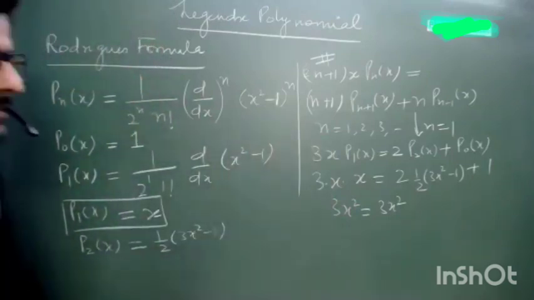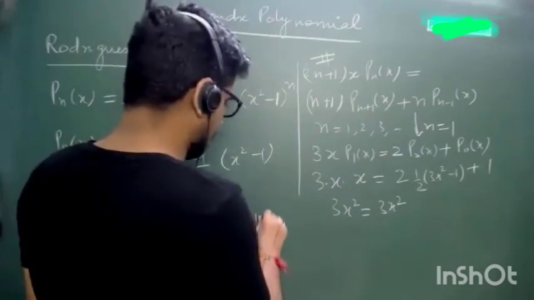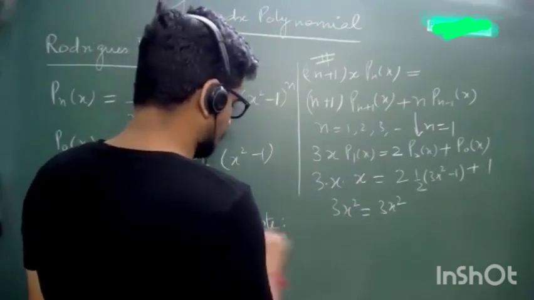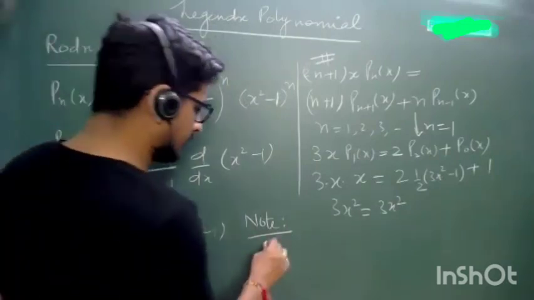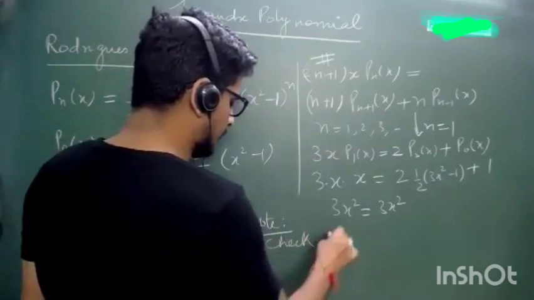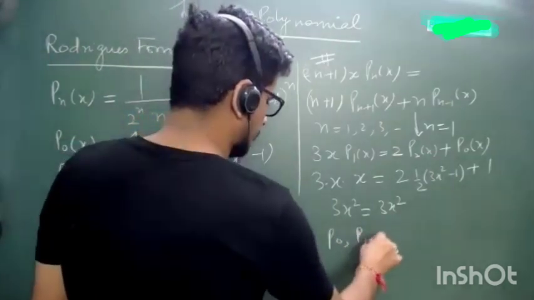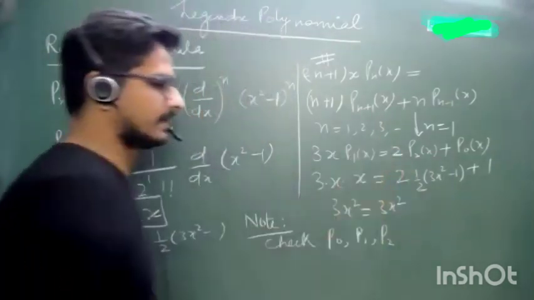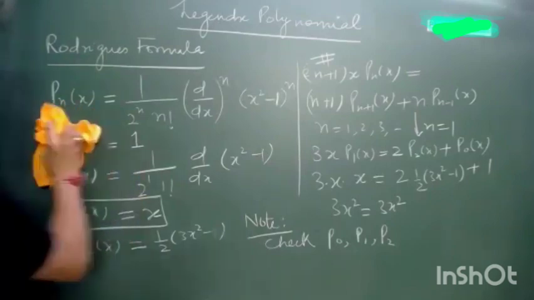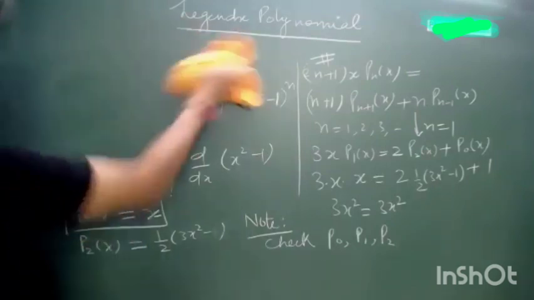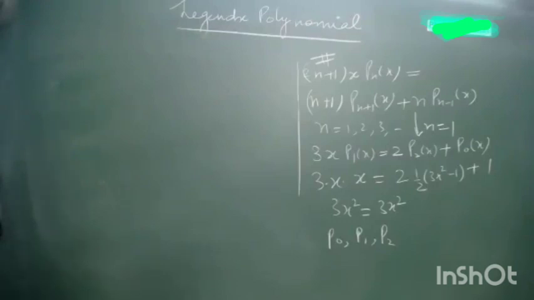So please remember, write it as a note, that if in any question you don't know that property, check the polynomials with P0, P1 and P2 like I checked in the previous question. Does everyone understand? And the next I want to ask from you, tell me if this is correct.